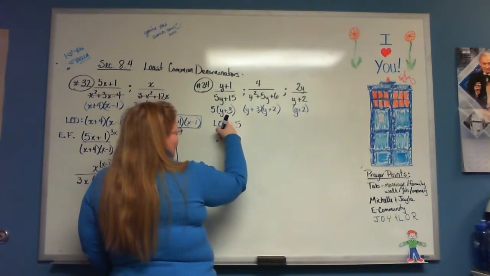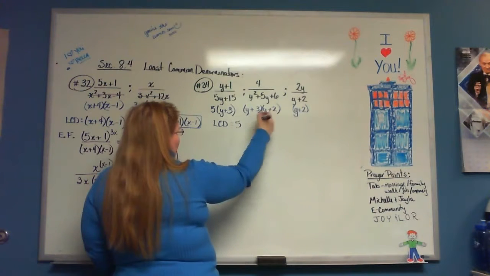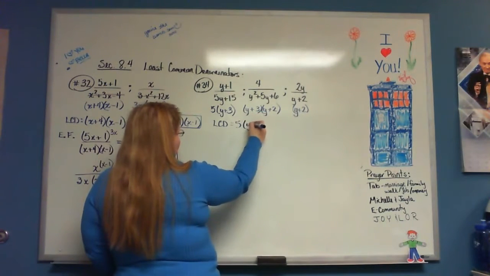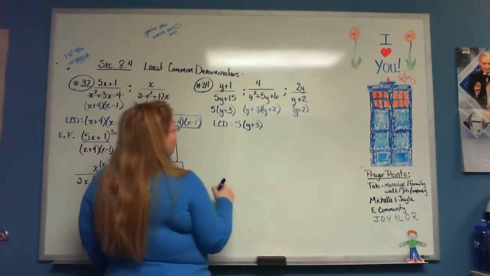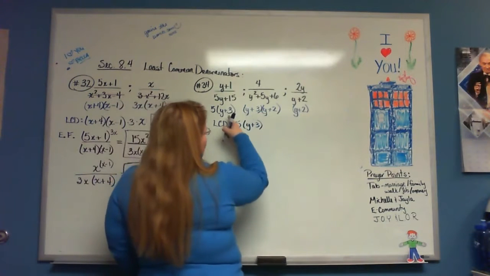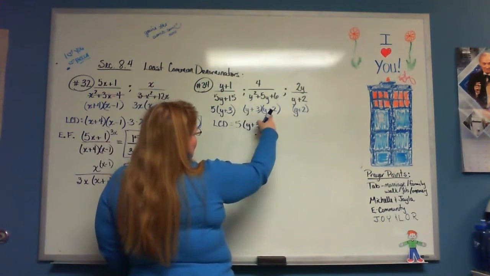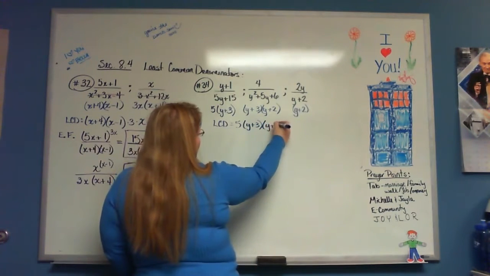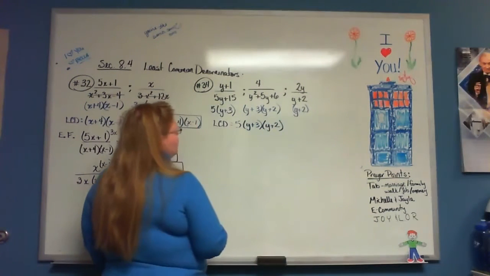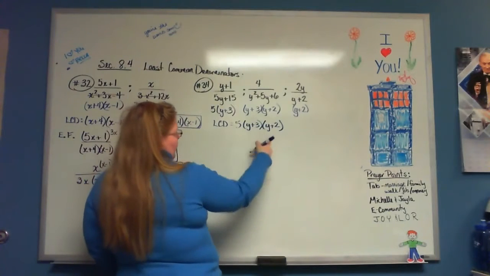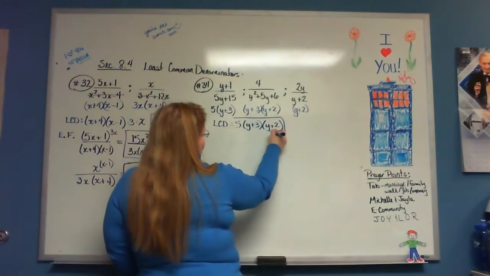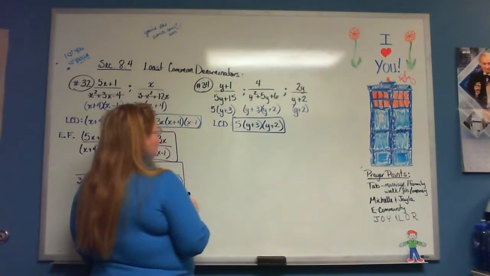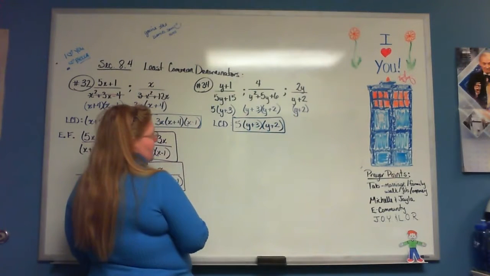I have 1 y plus 3 here, 1 there. Even though there's not 1 there, I had 1 somewhere, so I've got to put it in there. And then done with that one, but I still have the y plus 2. It's got to find its way in here too because I had at least 1, which makes that my LCD. Don't have to simplify it because it's already simplified.